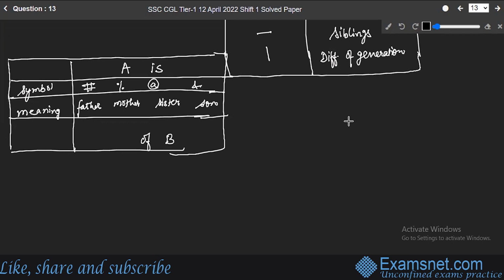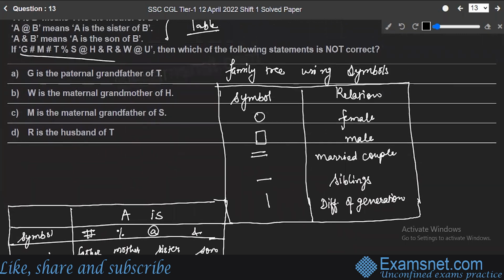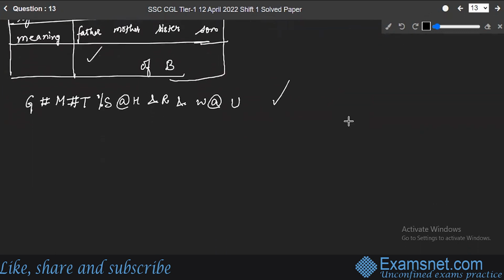Now the given expression, let's write down the given expression. So this is the one. It's given G hash M hash D modulus S at H and R and W at the rate U. So now if I'm looking at this symbol table, let's interpret the different relationships.